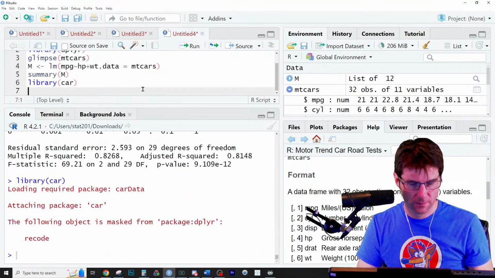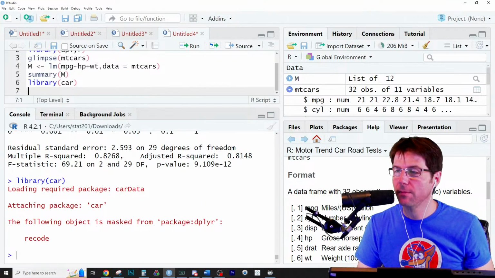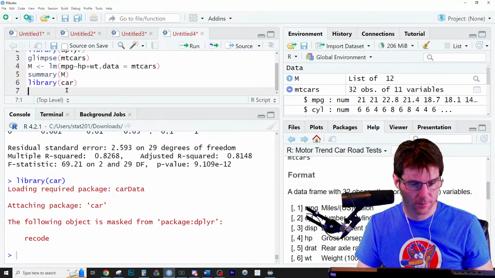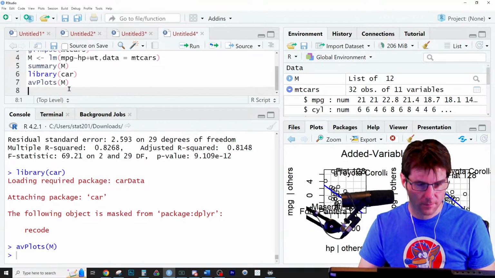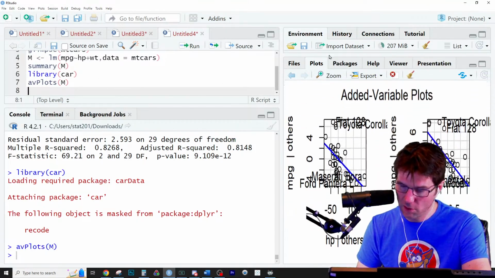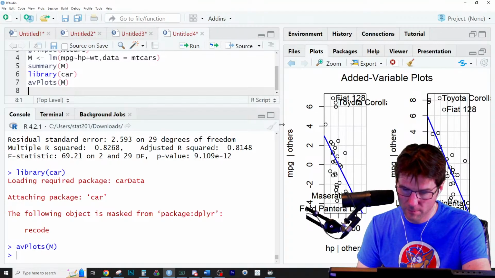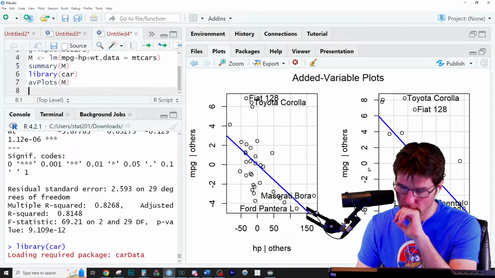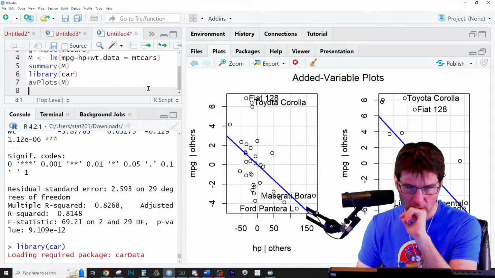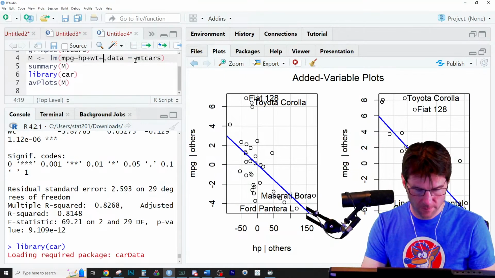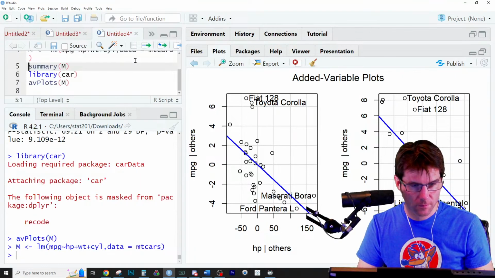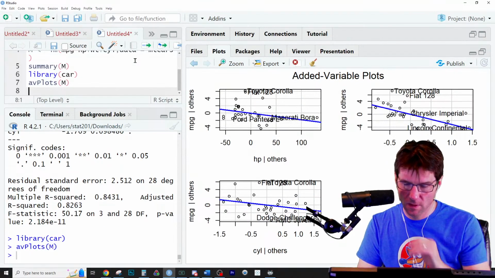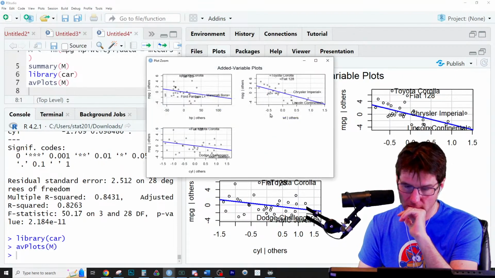Let's try this. Interesting. But what if we have... So it does do multiple plots.